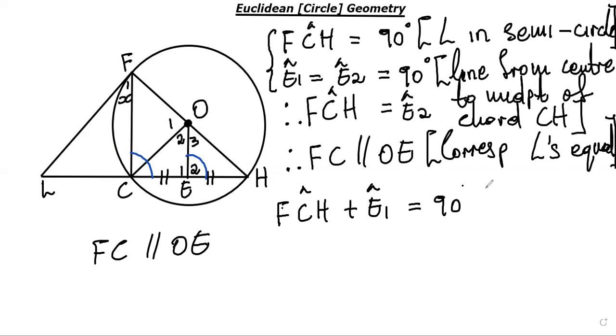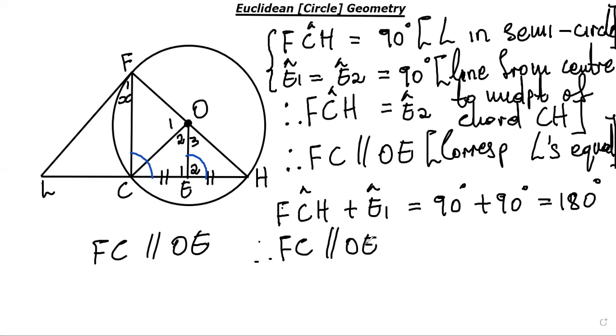You say it's 90 degrees plus another 90 degrees, which is 180 degrees. Then you can conclude and say, well, therefore, FC is parallel to OE. Why? It's because the co-interior angles are supplementary.